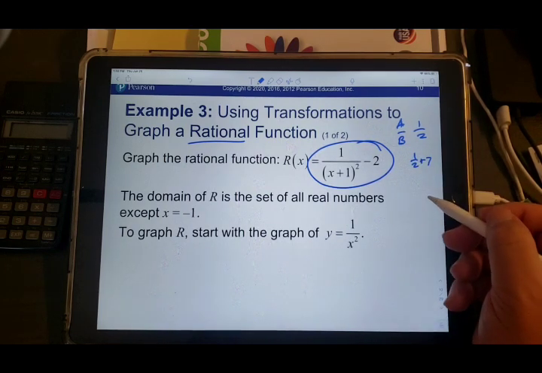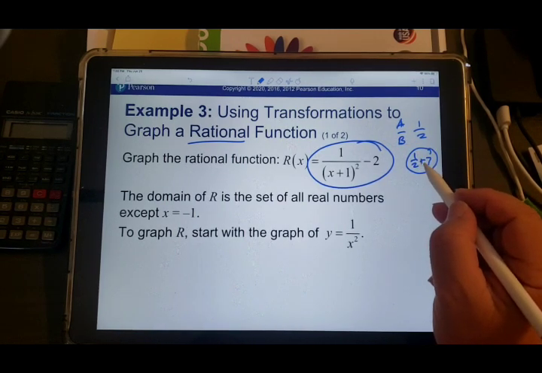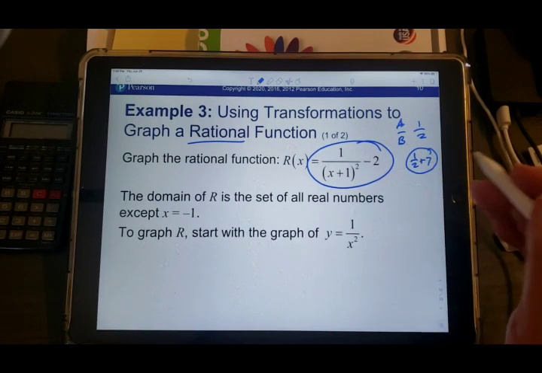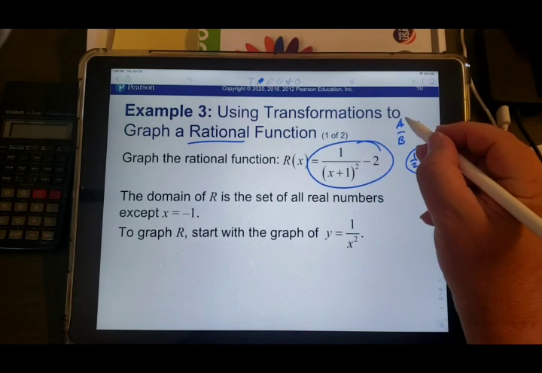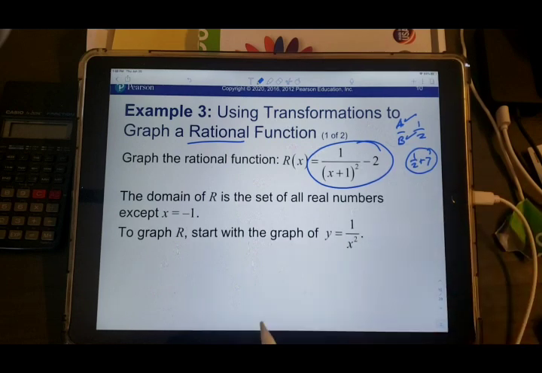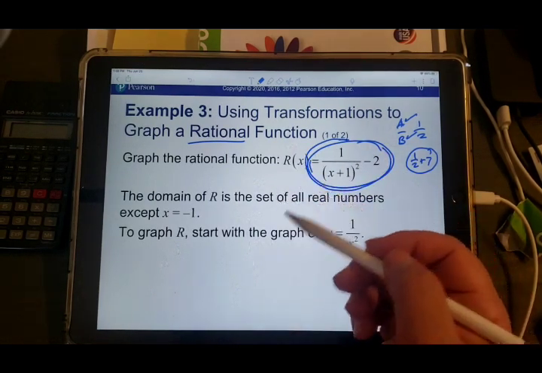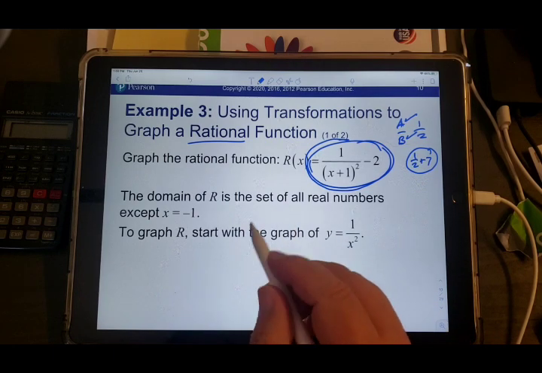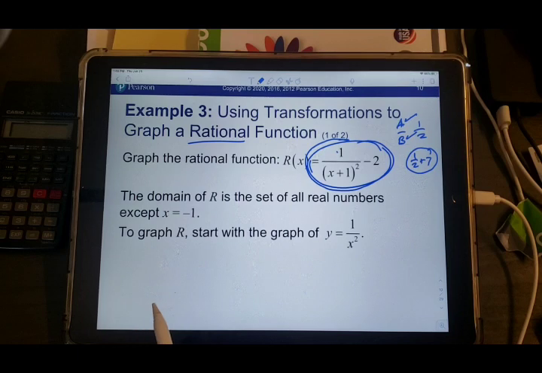Is that a rational number? It is, but we haven't written it that way. I'd have to actually add this together. It turns out if I add this together, I'll get a number over a number. So that's what's going on here. This is a rational function. It's just not written as a rational function yet, because rational functions are written as polynomial over polynomial.